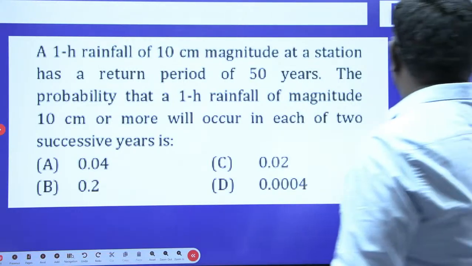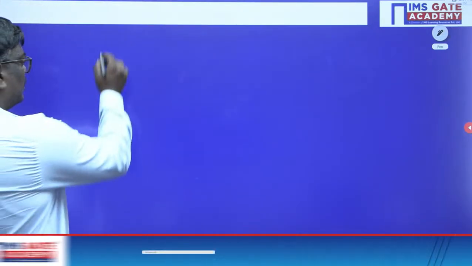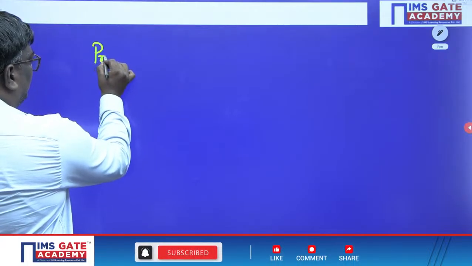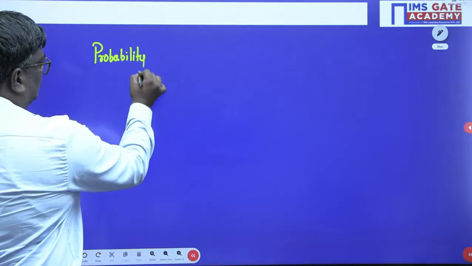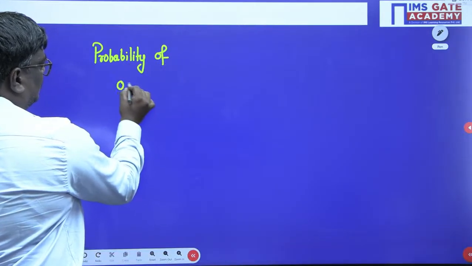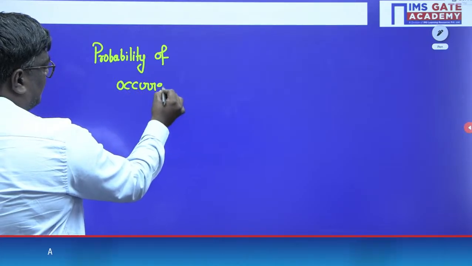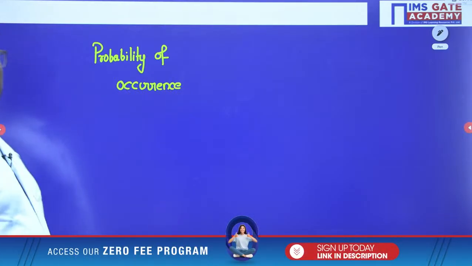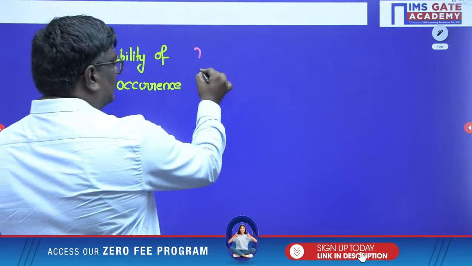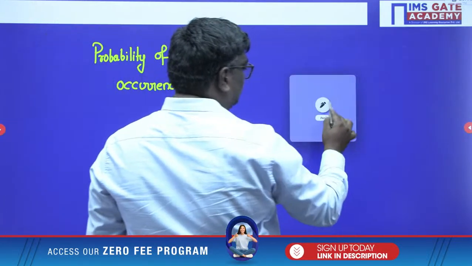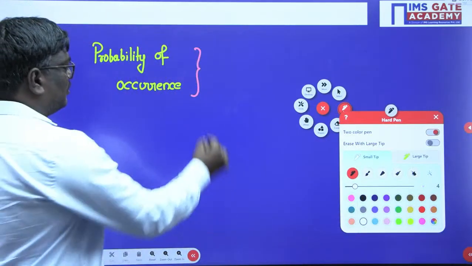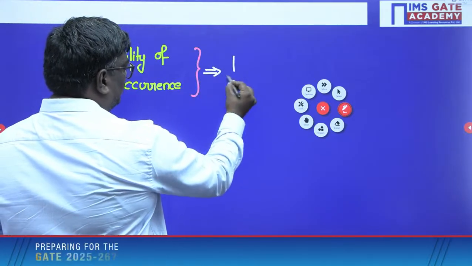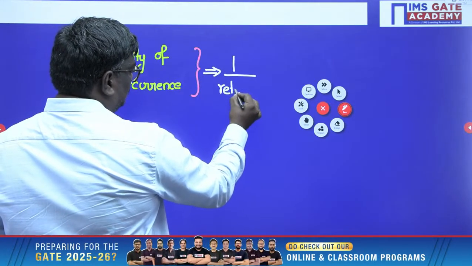Now, see, students, when they have asked you this kind of question, first of all, the probability of occurrence is given by the formula, what, sir? 1 upon return period.